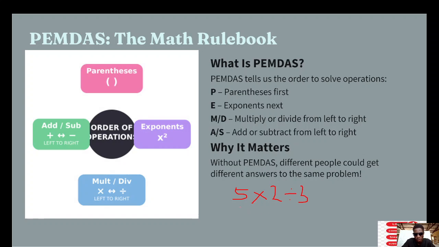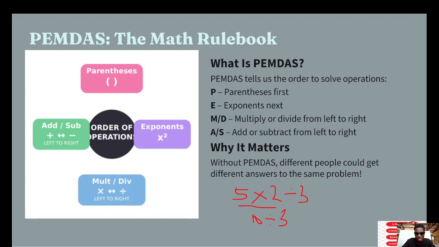You solve this first, and that gives us 10, before you divide by the 3. This is what from left to right means.